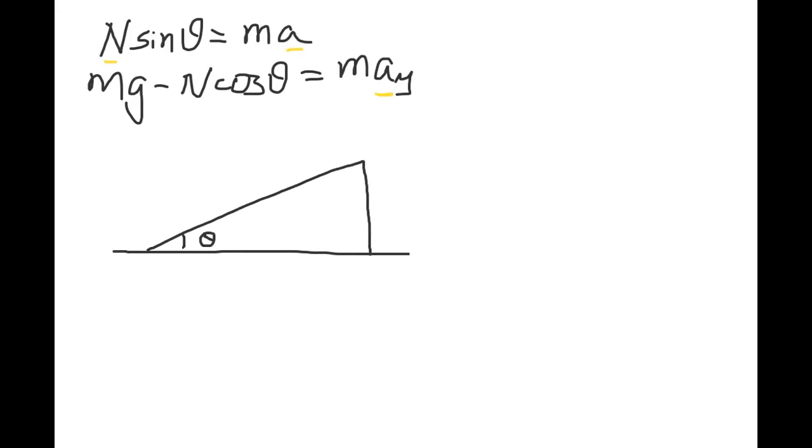I will go back to the question and I will see that these 2 blocks are moving such that they are always in contact with each other. They never lose contact with each other.